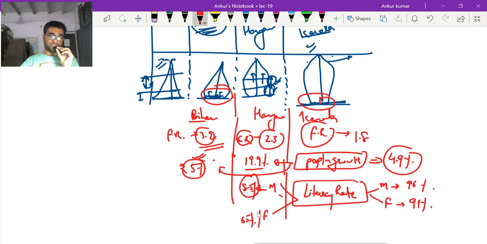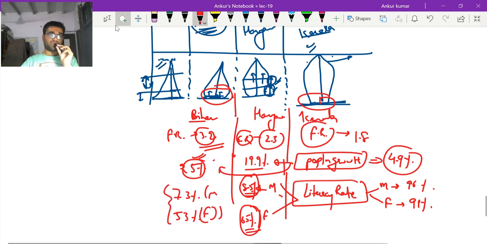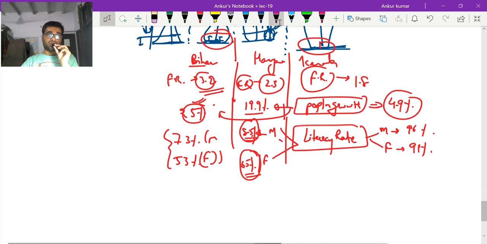This high gap between male and female literacy in Haryana represents the patriarchal mindset, nothing else. In Bihar, the male and female literacy rates are 73% and 53%. So this is another demographic factor that can be seen varying widely between the states of India.